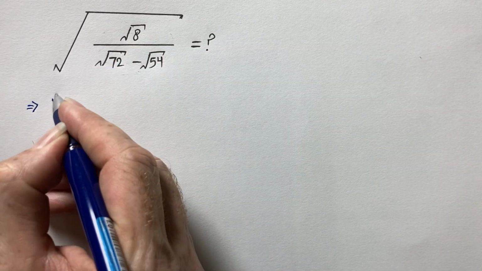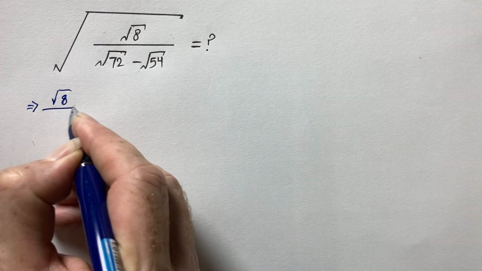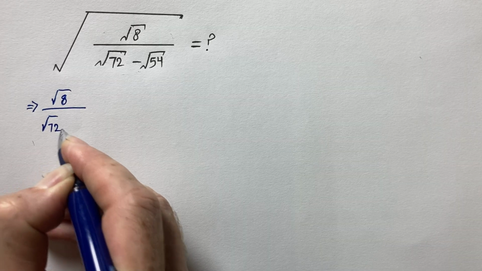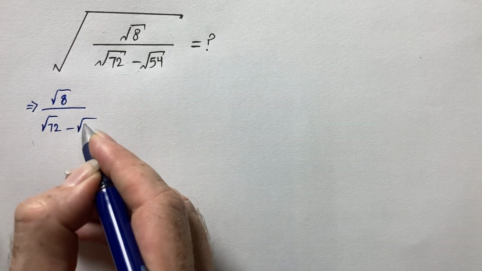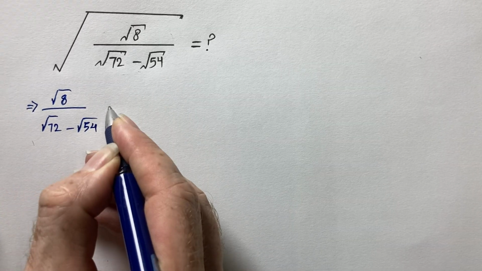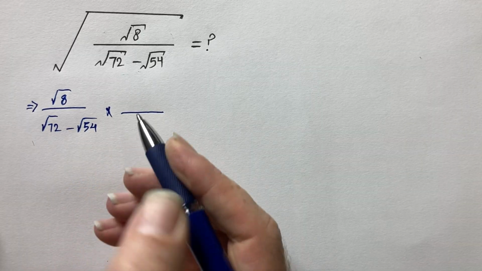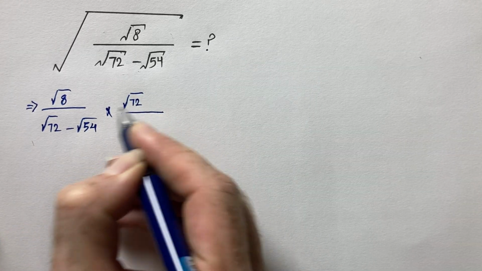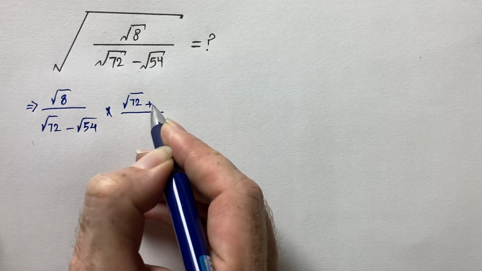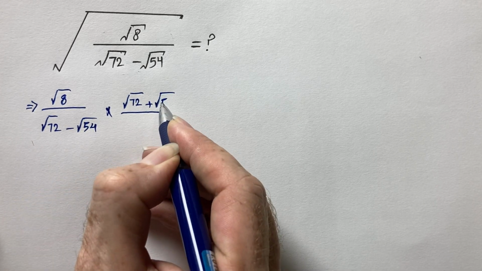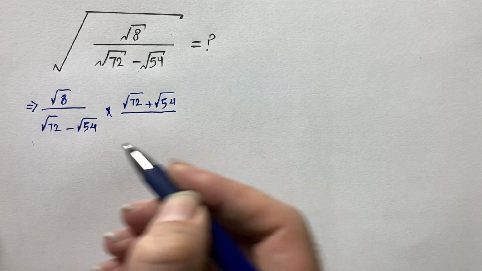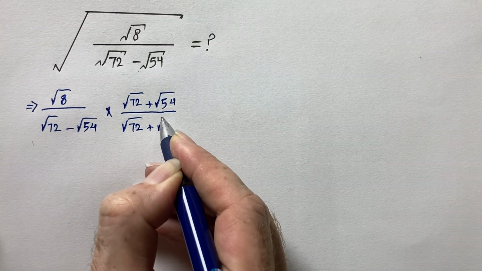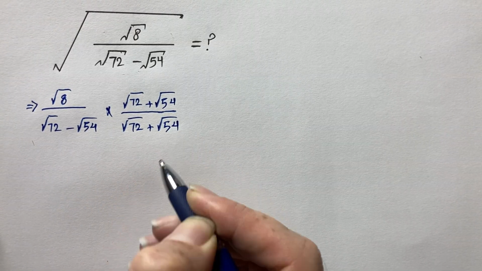We have square root of 8 over square root of 72 minus square root of 54, multiplied by the conjugate of the denominator, which is square root of 72 (minus changes to plus) plus square root of 54, over square root of 72 plus square root of 54.